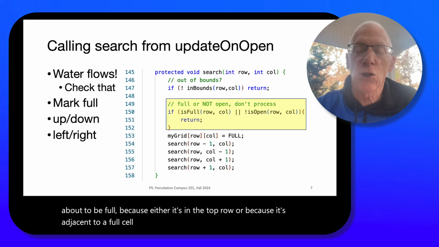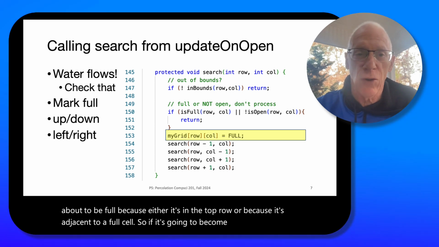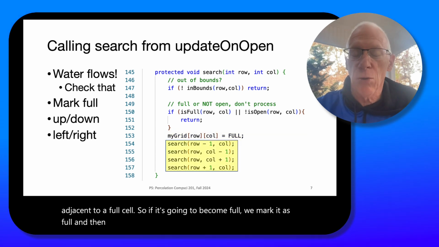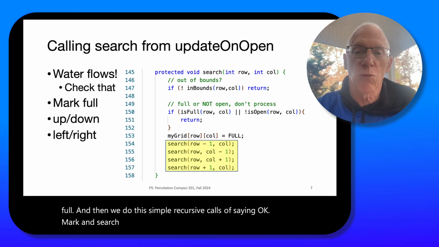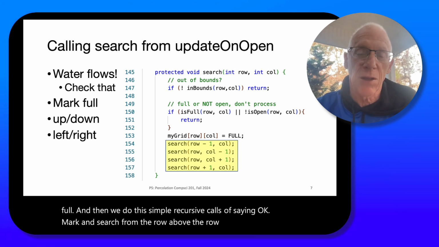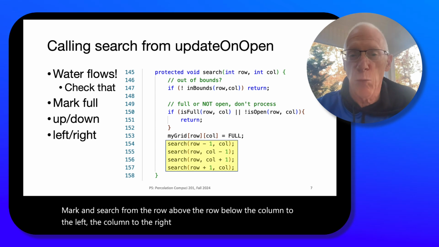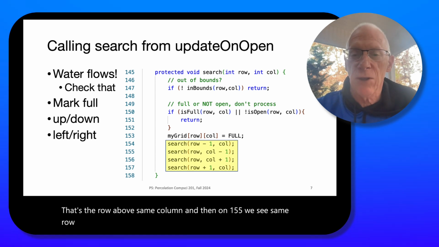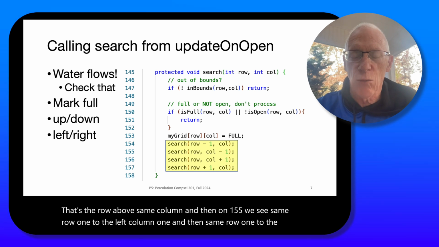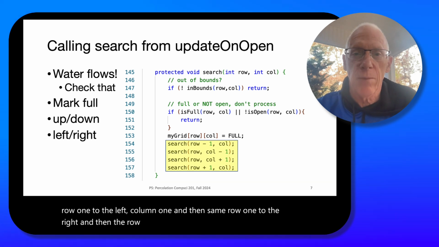So if it's going to become full, we mark it as full, and then we do this simple recursive calls of saying, okay, mark and search from the row above, the row below, the column to the left, the column to the right. And in order, on 154, we see that's the row above, same column. And then on 155, we see same row, 1 to the left, column -1. And then same row, 1 to the right. And then the row below in the same column.